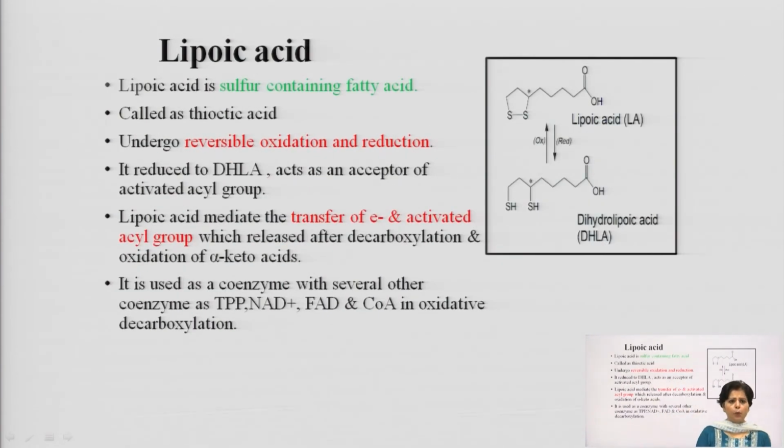The next one is lipoic acid. The lipoic acid is a sulfur containing fatty acid, also called thioctic acid. It undergoes a reversible oxidation and reduction process. It reduces to DHLA, and acts as an acceptor of the activated acyl group.